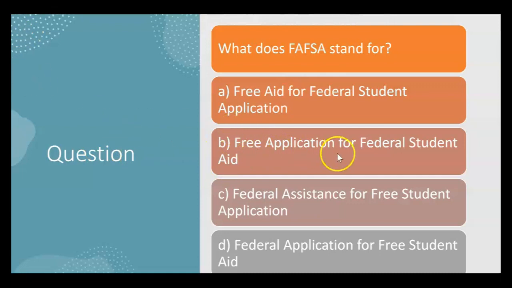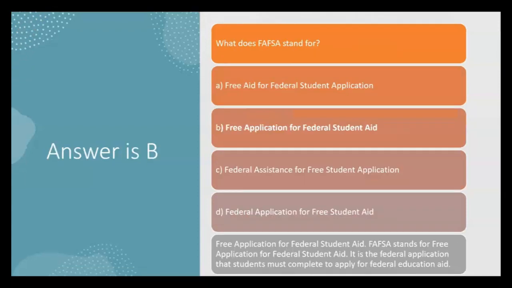And you could wind up with federal student aid in the form of grants, work-study programs, and loans. So B looks good. C says federal assistance for free student application. Not quite. No. D, federal application for free student aid. No. B is correct because FAFSA stands for free application for federal student aid. FAFSA is the federal application that students must complete to apply for federal education aid.